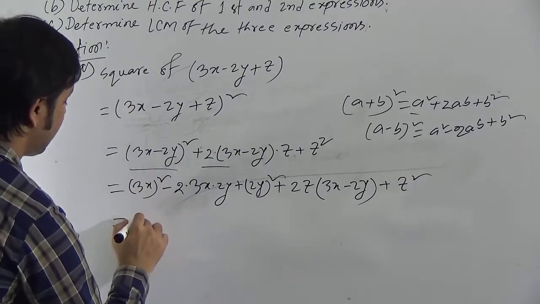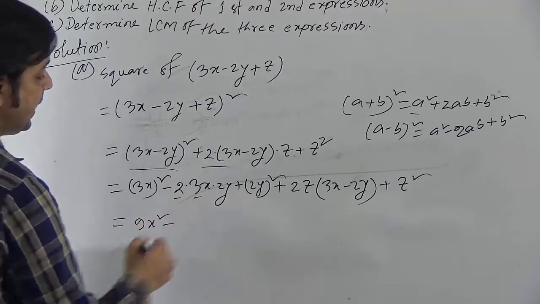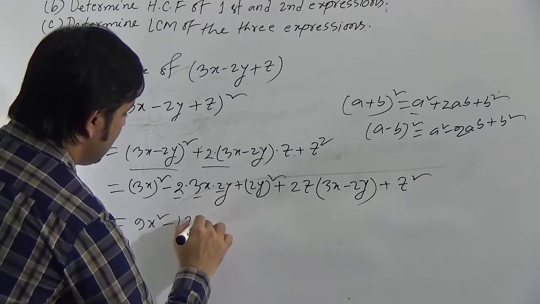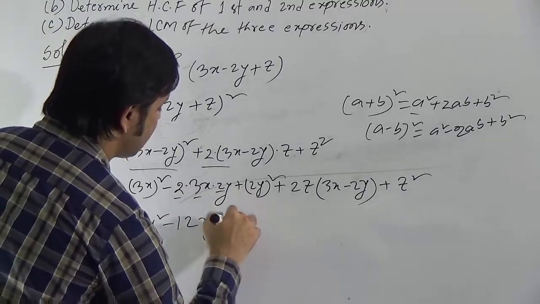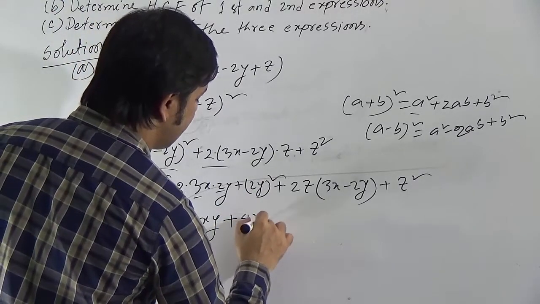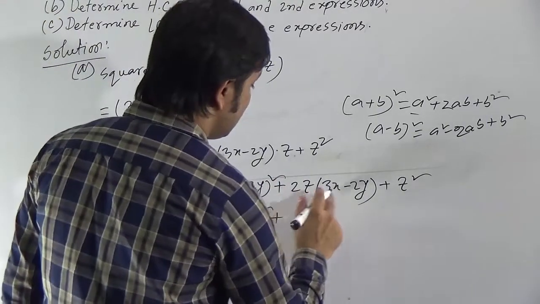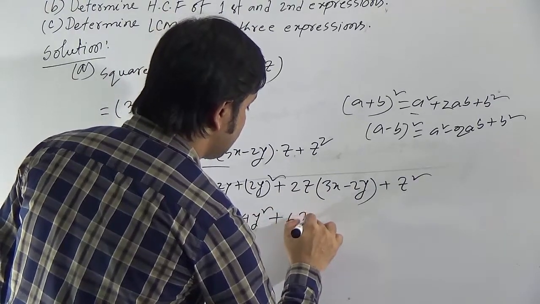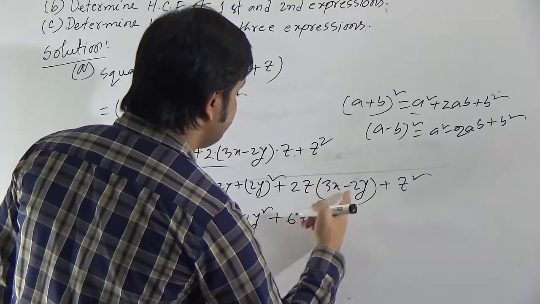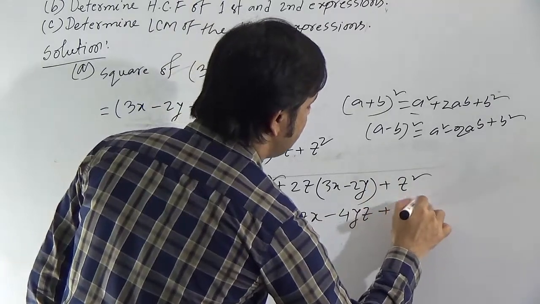Now 3x whole square means 9x square, minus 3 2s are 6, 6 2s are 12, xy, plus 2y whole square means 4y square. Plus, now multiply 2 3s are 6, zx, now multiply, plus and minus will be minus, 2 2s are 4, yz, now the last term z square.